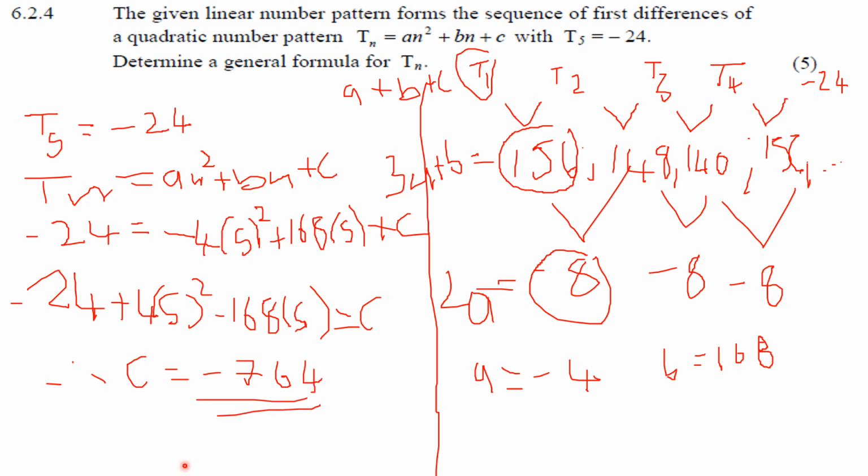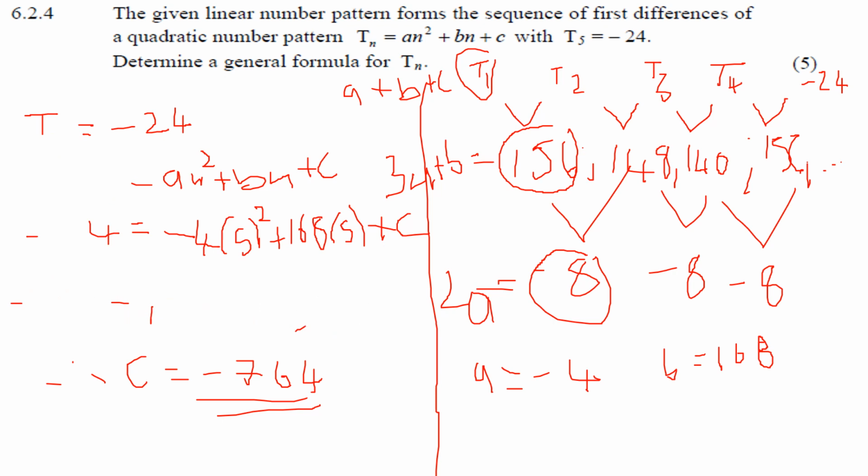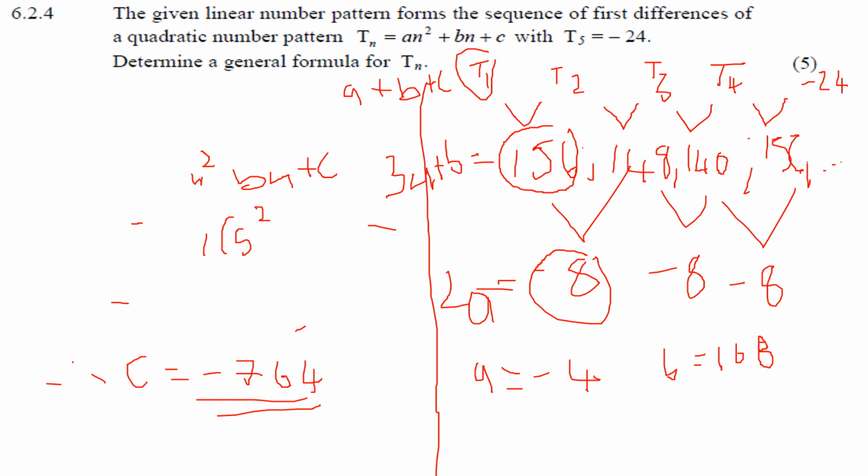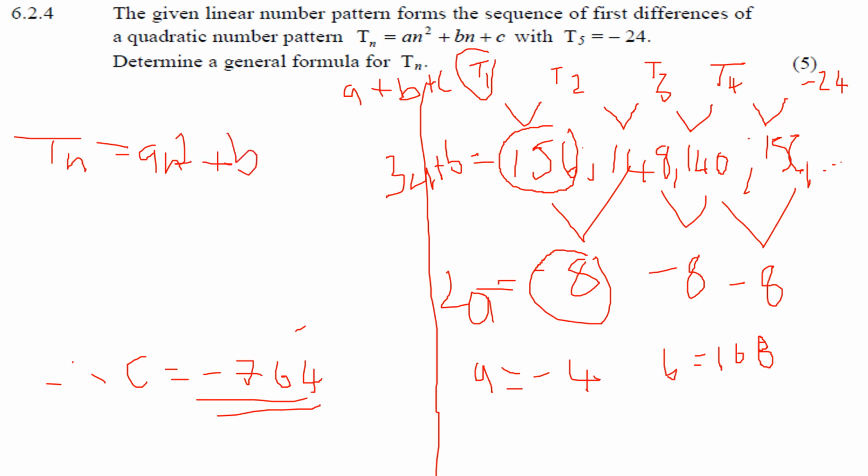So remember, when you're looking for a quadratic sequence, when you have the value of a, b, and c, then you can represent your general equation of the quadratic sequence. Let me just erase here and then write the general formula for Tn of this quadratic sequence. Remember, I'm just going to repeat it again. A quadratic sequence is an squared plus bn plus c.